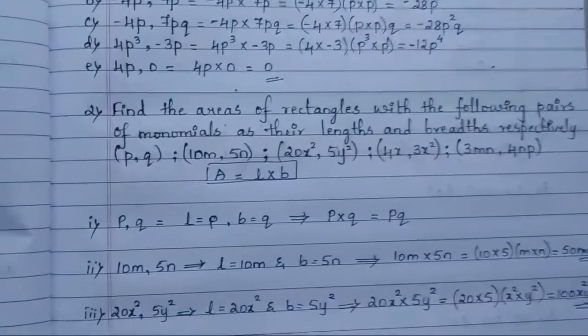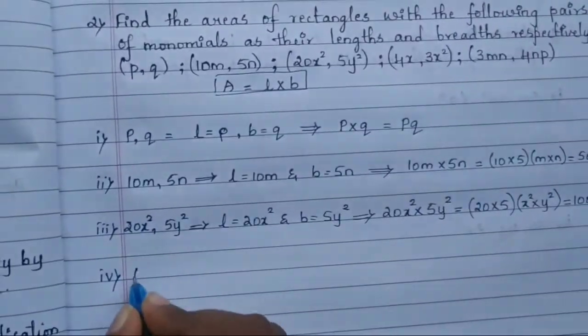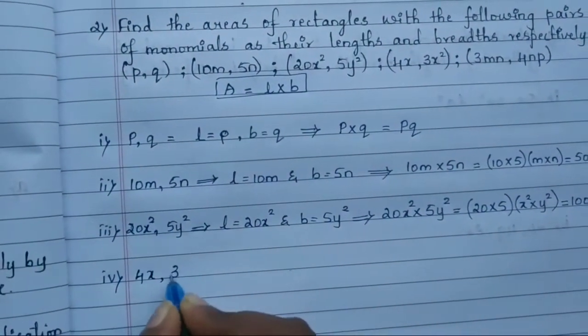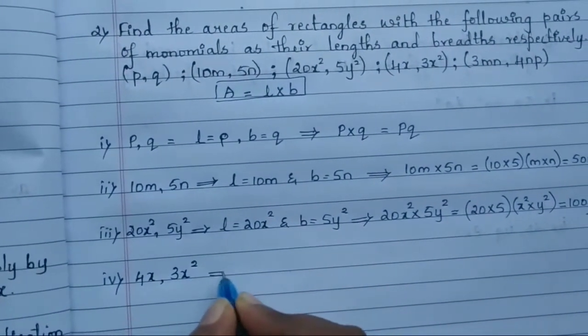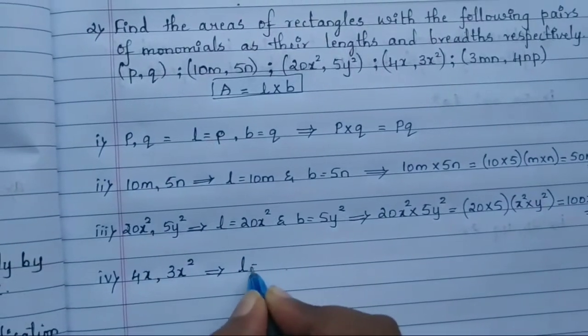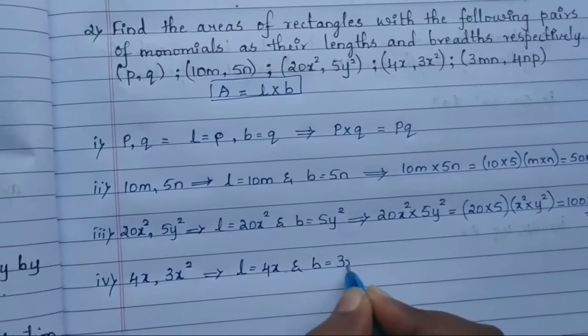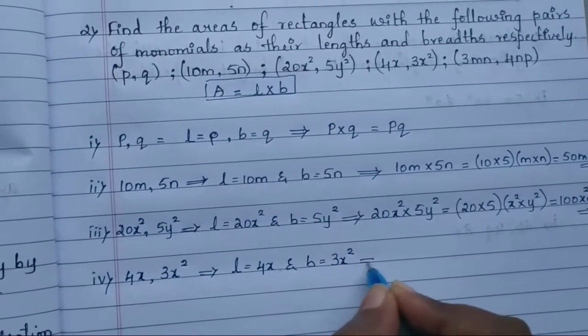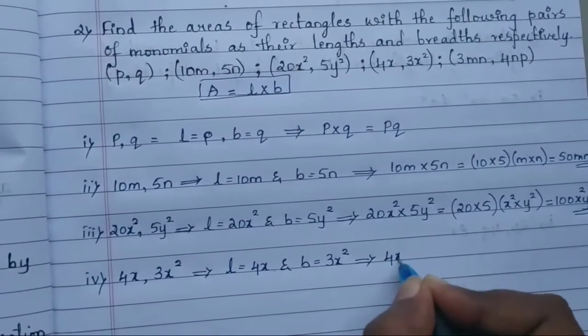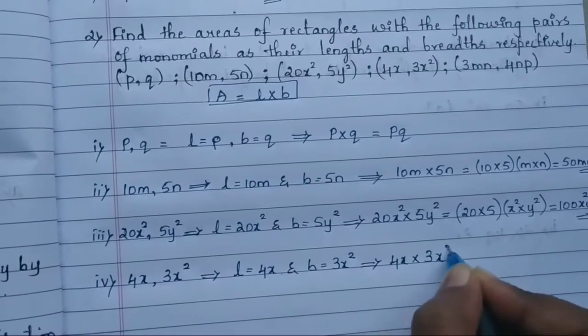Okay. Similarly, the fourth one, that is 4x comma 3x square. So here our L is 4x and breadth is 3x square. So it will become 4x into 3x square.